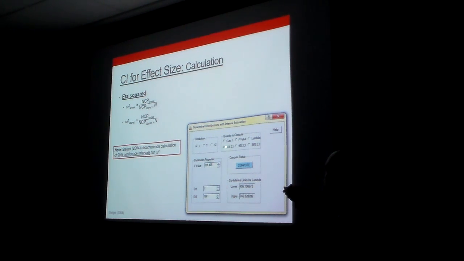And here, we're going to calculate 90% confidence intervals instead of 95% confidence intervals. Any guesses as to why we might calculate 90% confidence intervals around eta squared as opposed to 95% confidence intervals?